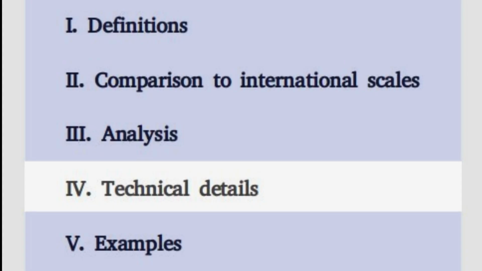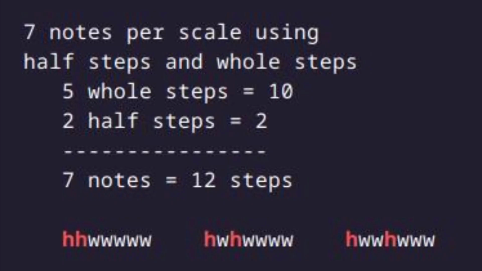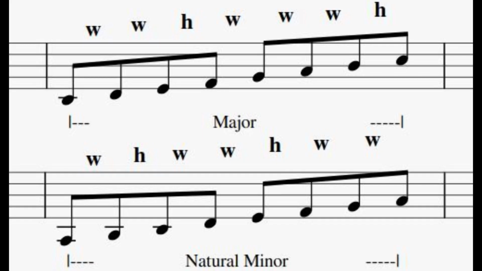This section covers all possible scale patterns using 7 notes. First, the patterns using only a half step and a whole step. These have 5 whole steps and 2 half steps. The half steps separate the whole steps into groups, and only 3 unique groups exist. 2 of these account for 3 of the Western scales: major, natural minor, and melodic minor.